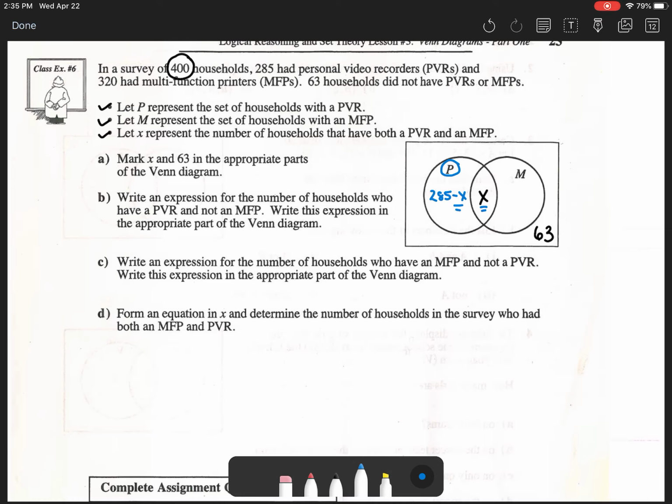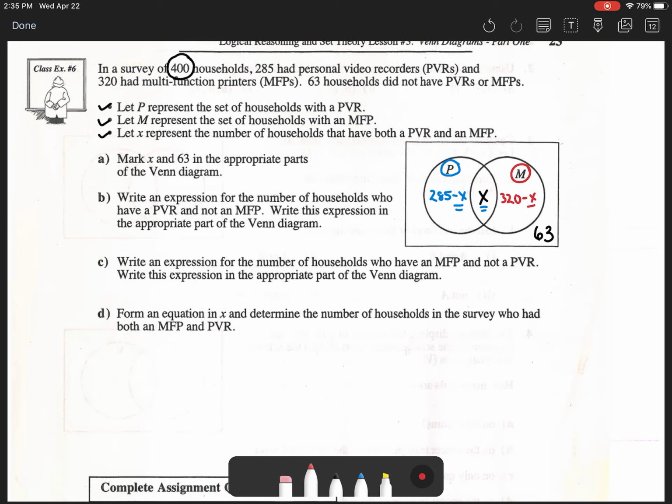So they said that there were 285 households that had PVRs. So this section would be 285 minus X, minus the number of households that had both.